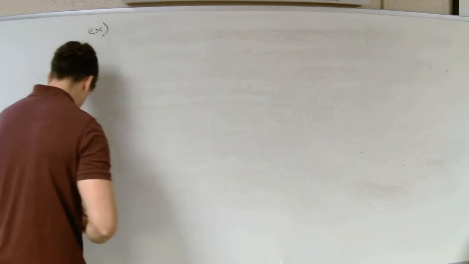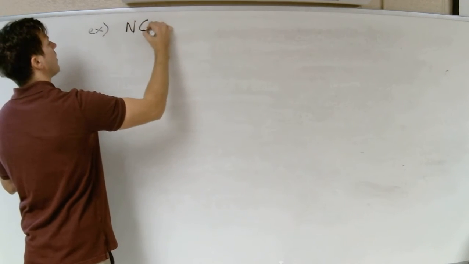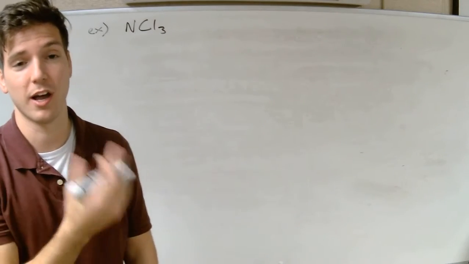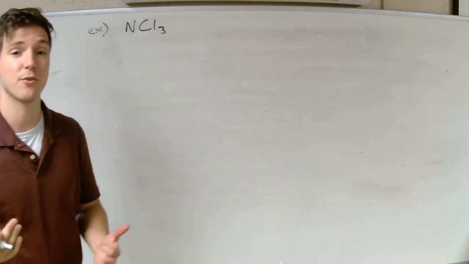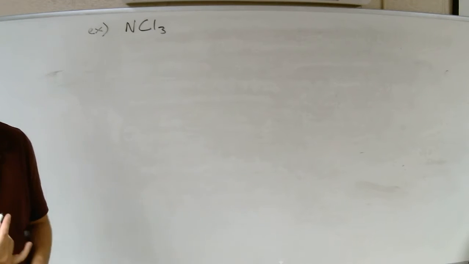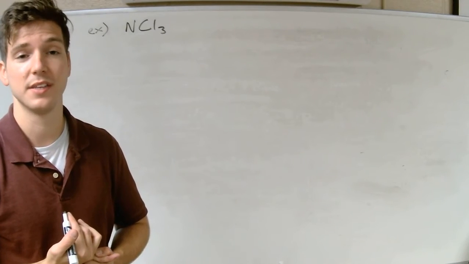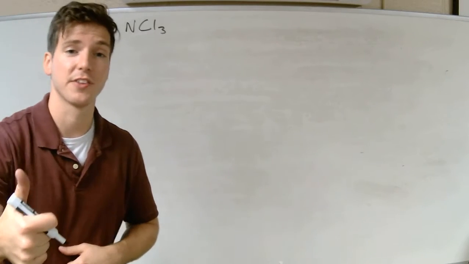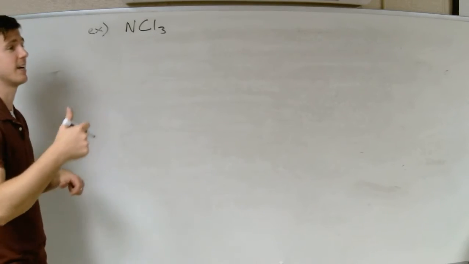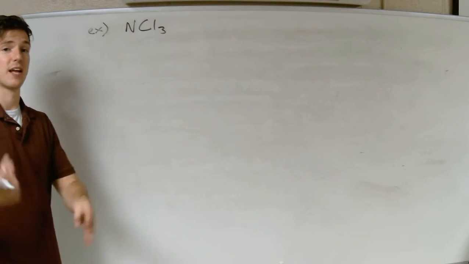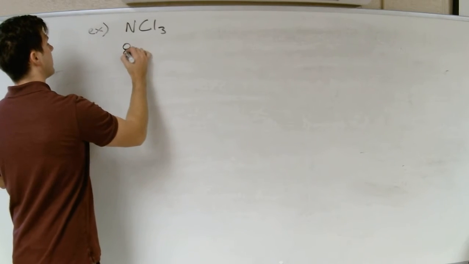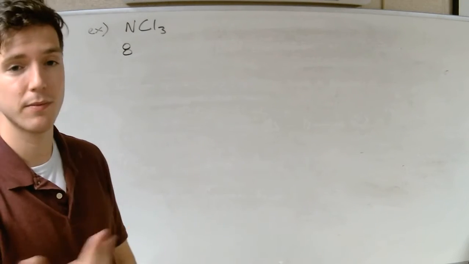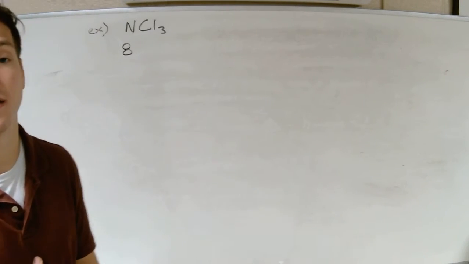Let's go ahead and look at NCl3. Okay, I also wrote that compound down. Again, step 1, we're counting all the octet electrons. Nitrogen, does it follow the octet rule? Yes, it does. It's not hydrogen, it's not beryllium, it's not boron. It has 8 octet electrons. Chlorine, we decided last time that it follows the octet rule.